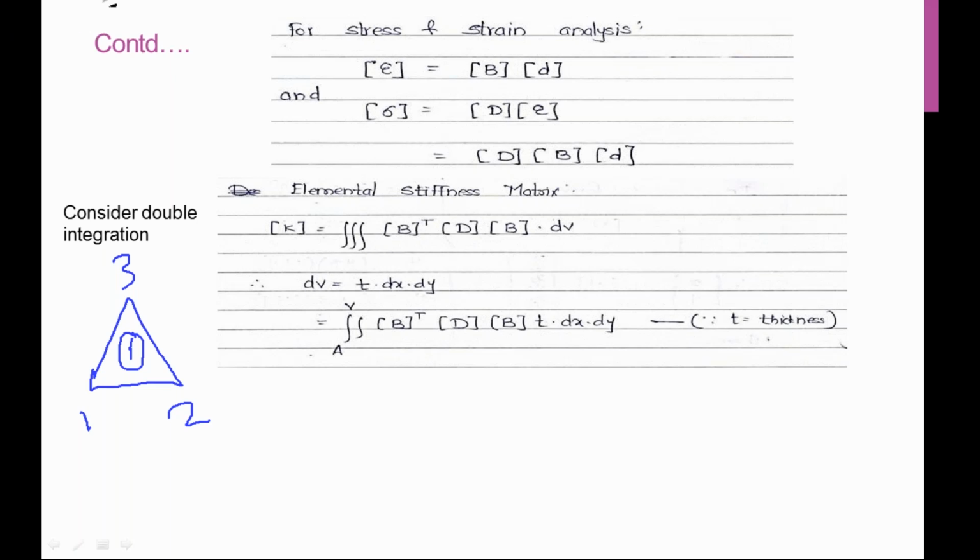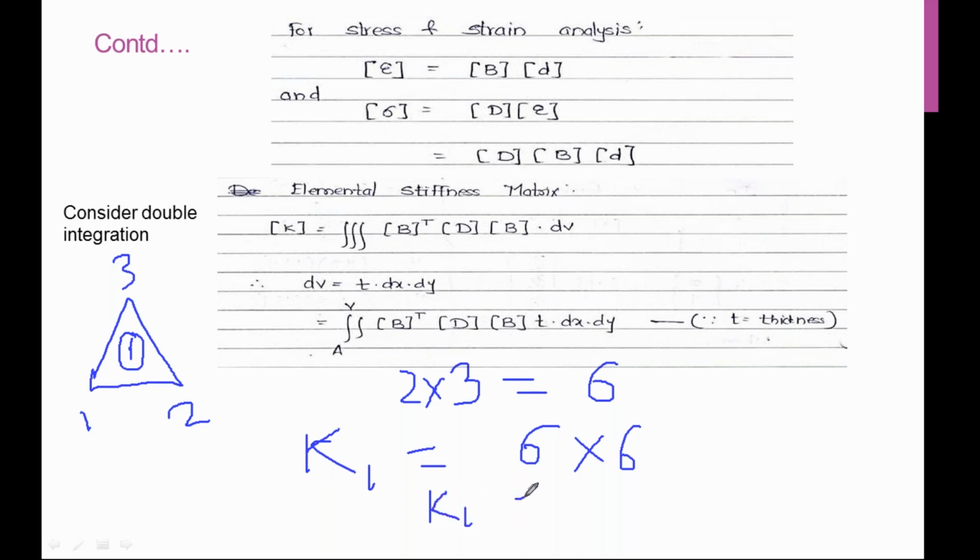I got the answer from Bharat and Sanket. For the CST element, degree of freedom is equal to 2, and how many nodes? 3. So here the K1 matrix is a 6 by 6 matrix. Very simple, and only one element is there, so the K1 matrix itself is your global stiffness matrix.